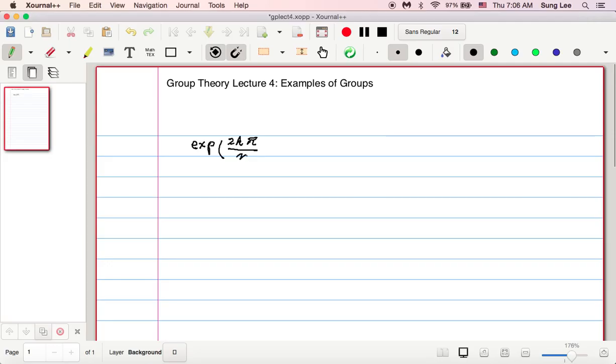That is the same thing as the number e, right? So it is the same thing as writing e to the 2k pi over n i.